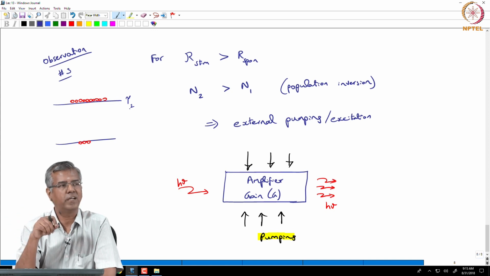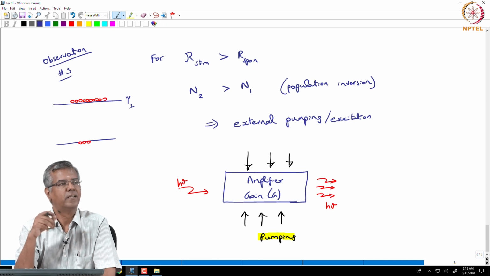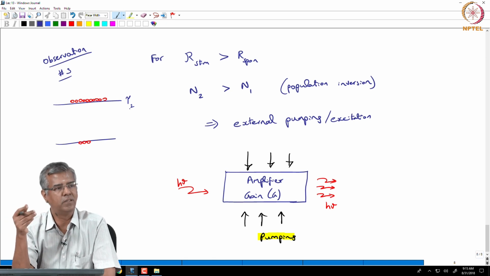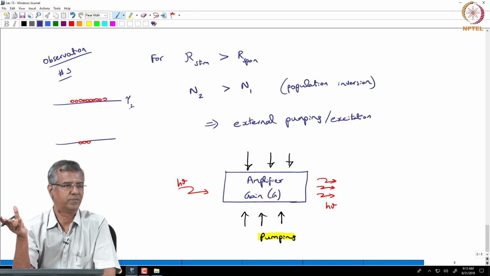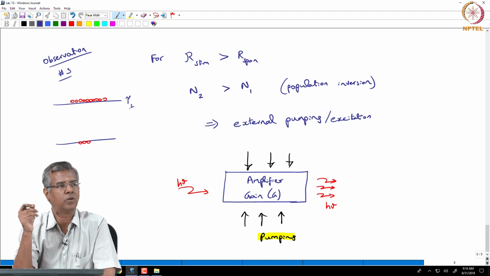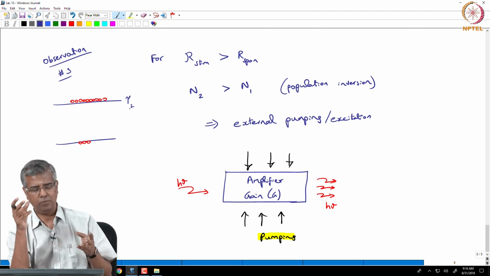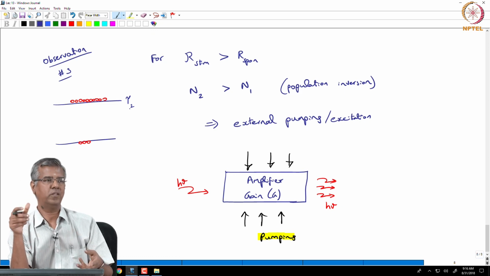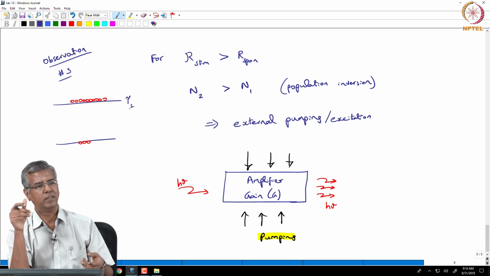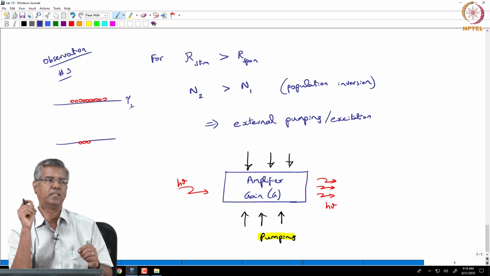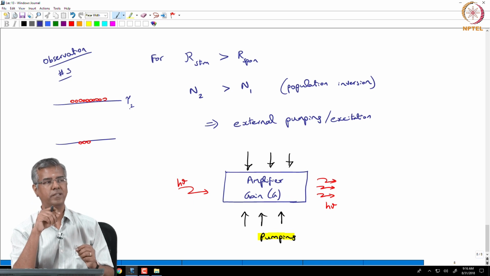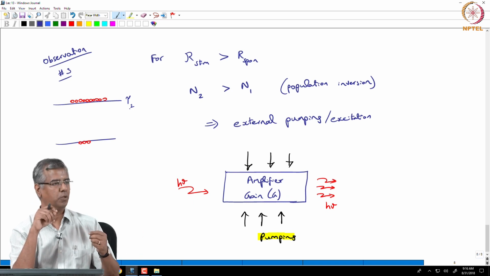If it is a very short lifetime there, what will happen? It will immediately come down, spontaneously emitting a photon, right, and that is not what we want as far as light amplification is concerned, because the spontaneously emitted photon in this picture corresponds to the same frequency that we want to get, but it is not the same phase as the photon that you want to amplify.